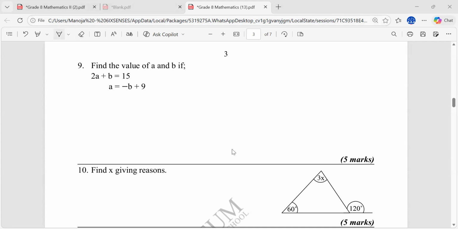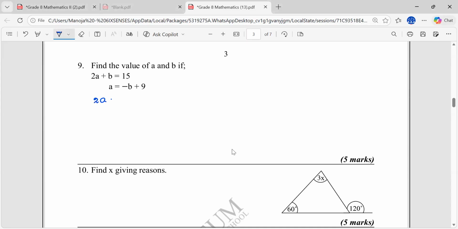Now you want to rewrite this. The first equation is 2A plus B equal to 15. And then A minus B is equal to 9. You bring this negative B to the other side, that becomes positive B. I mark this equation as 1 and this as 2.